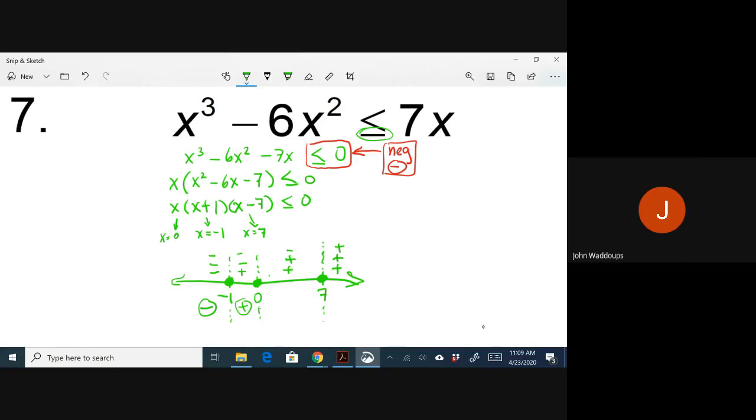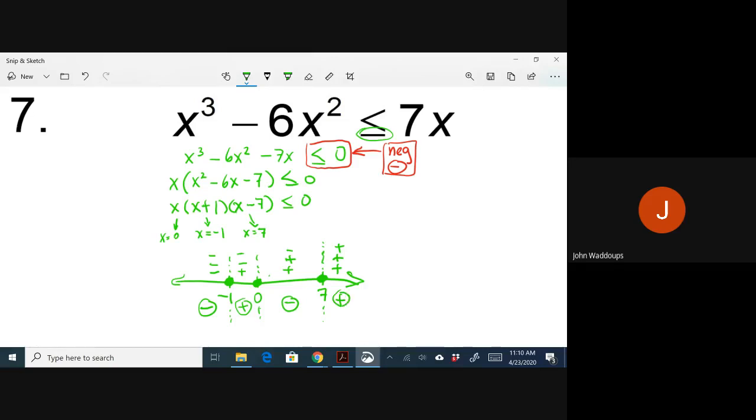Basically, when you're multiplying out signs, if you have an odd number of negatives, it's negative. If you have an even number of negatives, then it's positive. So that's why this interval, negative times negative, is positive. The next one has only one negative, so that's negative. And then positive times itself 3 times would be positive off here to the right.